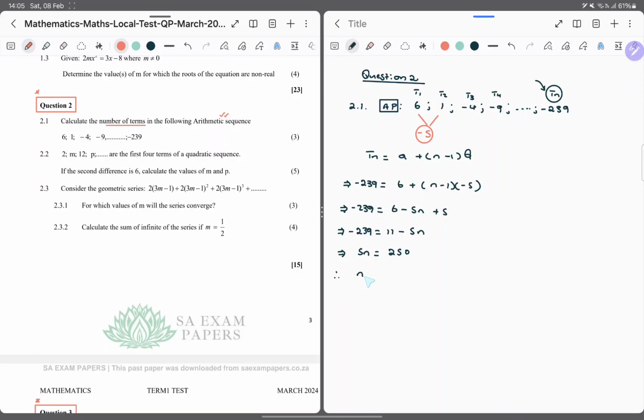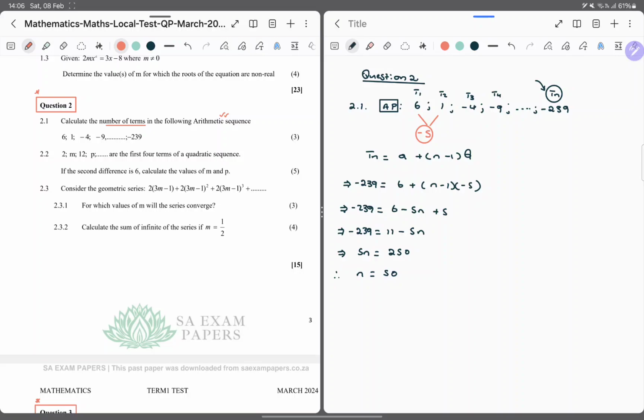So therefore our n is going to be 250 divided by 5. What is it? It's 50, isn't it? Because 5 times 50 is 250. So this is 50. Again, you can use the calculator to confirm in case there's a problem. But at times, certain things need to come naturally.